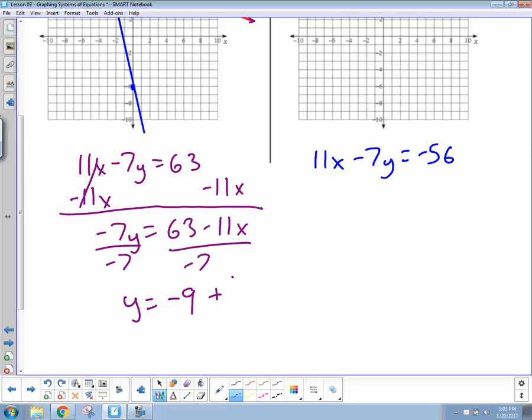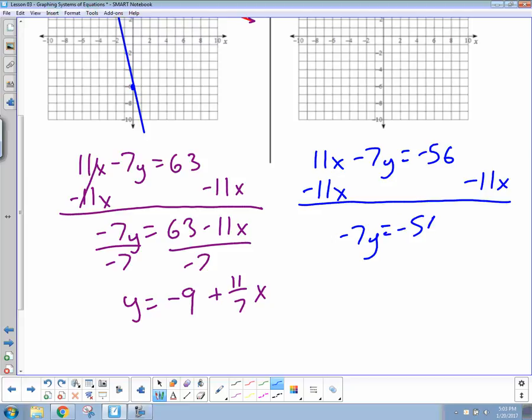That's 7 and 11 doesn't reduce, so we just bring them on down. Blue line, so minus 11x from both sides again. Negative 7y equals negative 56 minus 11x. Divide by negative 7. Y equals, let's see, that'd be positive 8. Again, two negatives make a positive, and it's still 11 over 7.